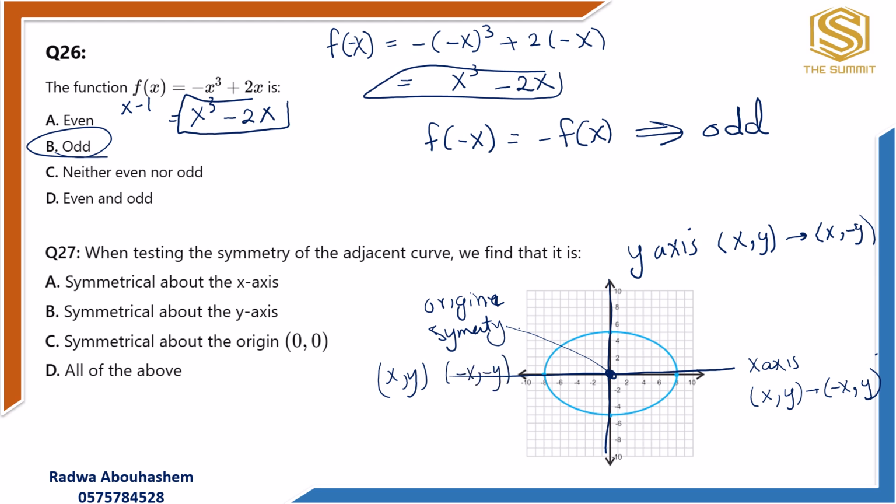Actually, I'm sure about y-axis symmetry and x-axis symmetry, but I'm not sure about the origin symmetry, right? So let me check here. For example, I have here 5. Let me erase this one to make it clear for you. Here, I have this point, 5 and 4.